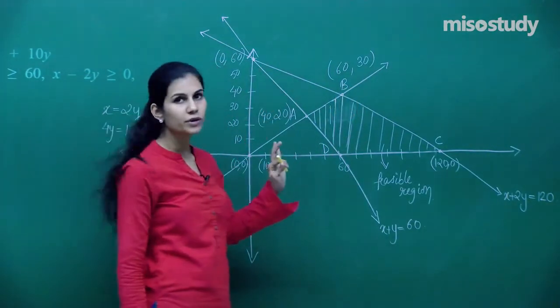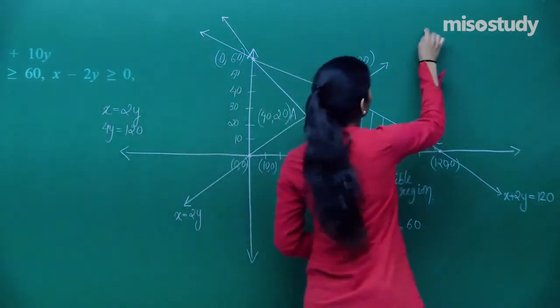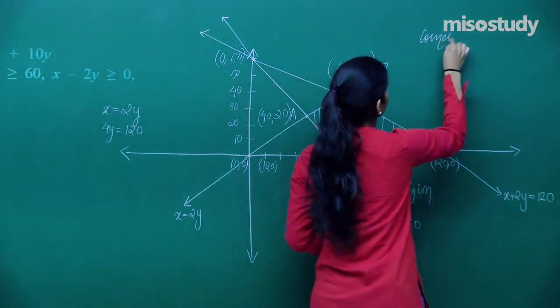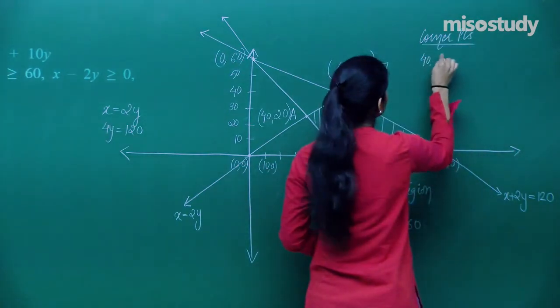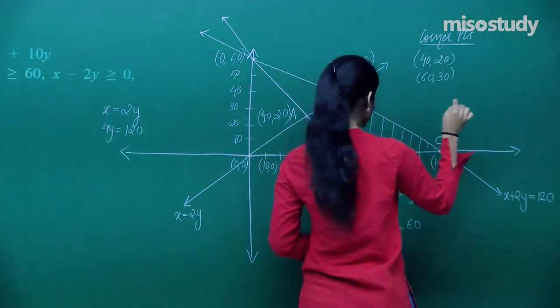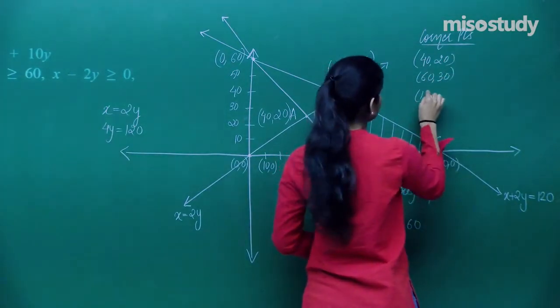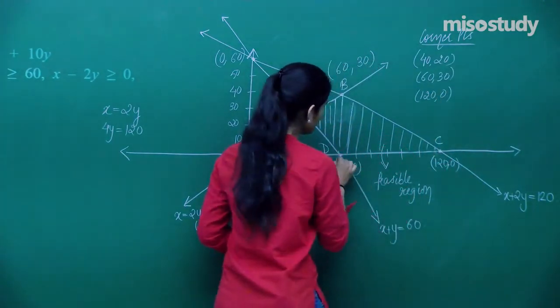Fine. So in this way also you can decode the exact region. So I have A, B, I have C, I have D. My corner points are there with me: they are 40, 20, 60, 30, then you have 120, 0 and 60, 0.